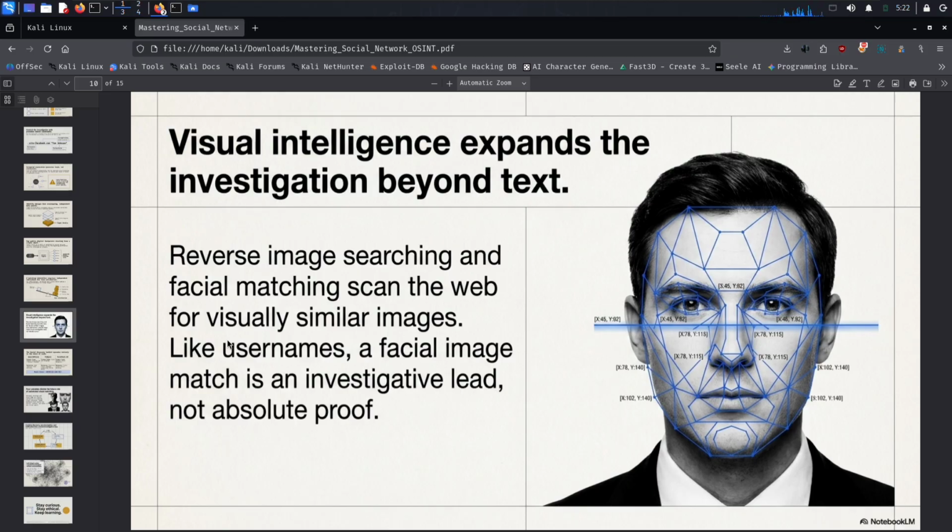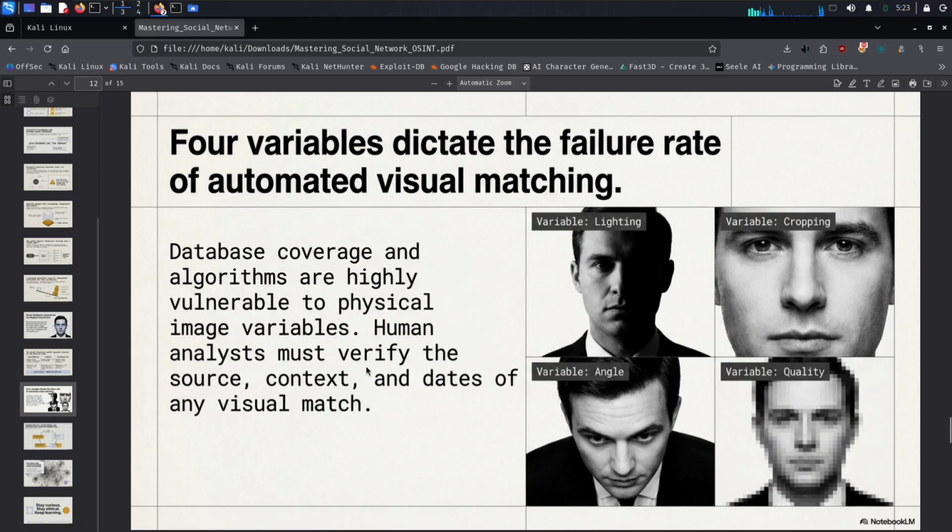A facial image match is a lead, not automatically proof of someone's identity. The accuracy of these systems can vary depending on image quality, lighting, angle, cropping, database coverage, and the algorithms being used. Always manually verify important findings using independent public sources.